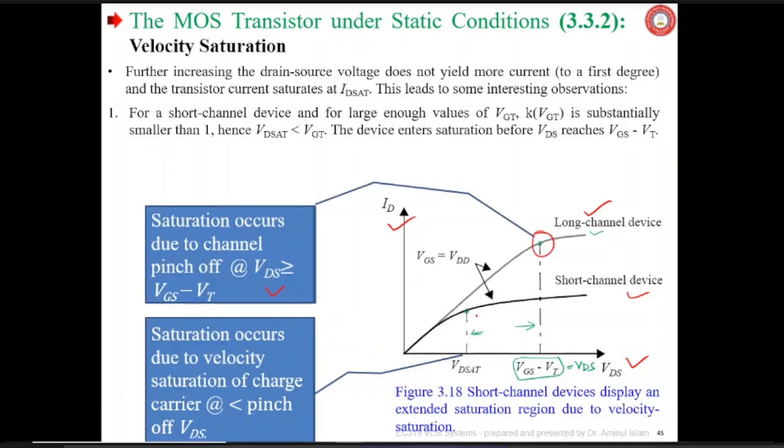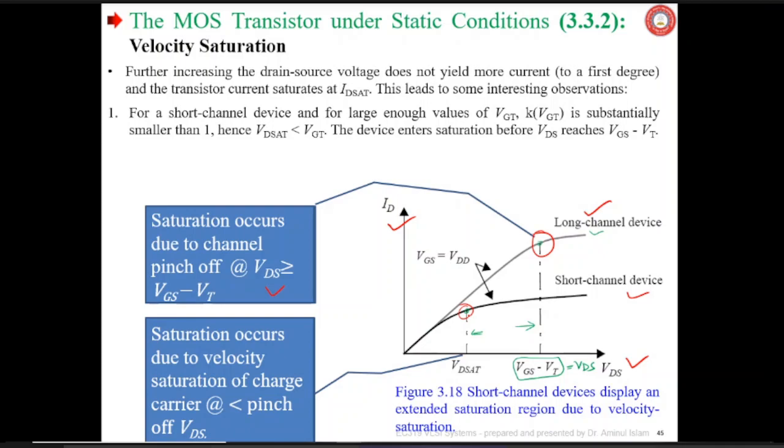Whereas in a short channel MOSFET, saturation occurs due to velocity saturation of charge carriers at less than pinch off VDS. And here it is saturating. And another thing is that it is not getting parallel with the x-axis. Still, it is almost linearly increasing with VDS.